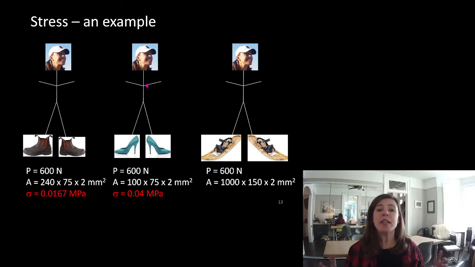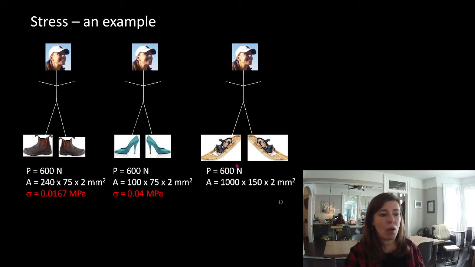So you intuitively know that you use snowshoes to lessen your stress on the snow surface area. You know that the bigger the area, the less the stress. Same force, increase the area, decrease the stress. Like I say, everything you need to know about structures you already know intuitively.